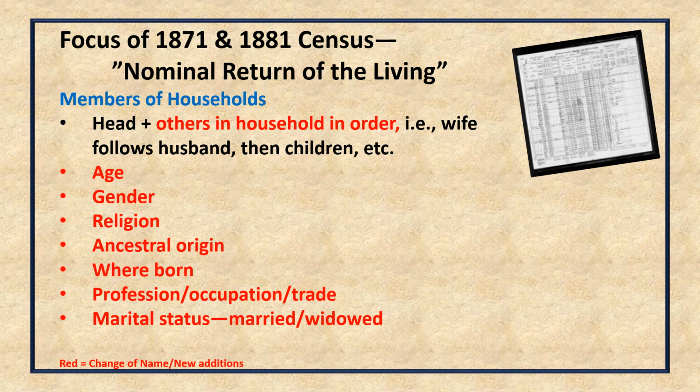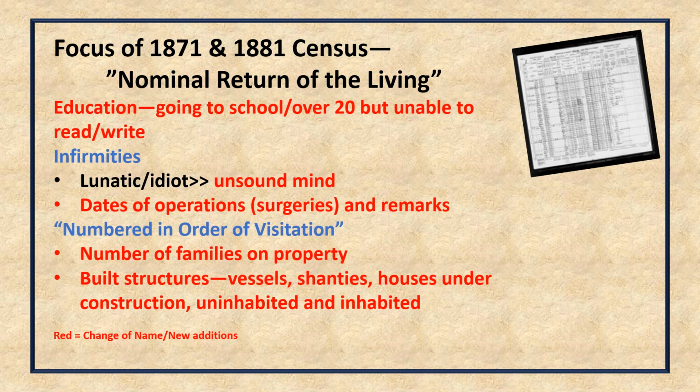Also, for the first time, the return asks for marital status, married or widowed, or married within the previous year. A section deals with education, whether the person is attending school or is over the age of 20 and unable to read or write.